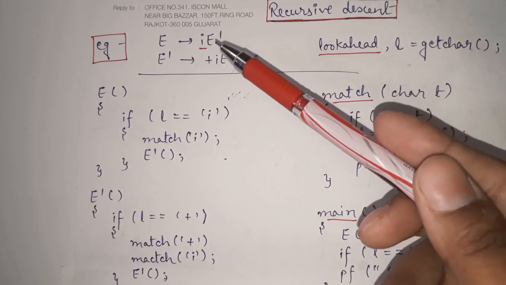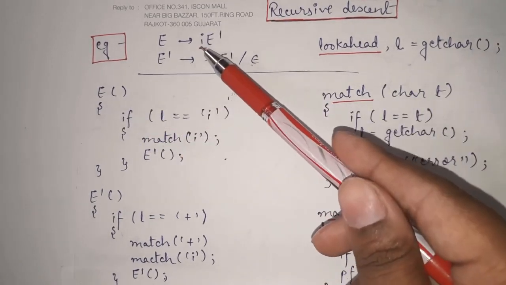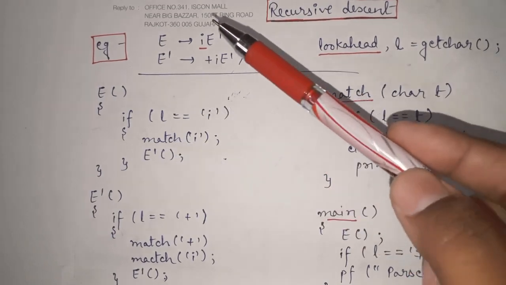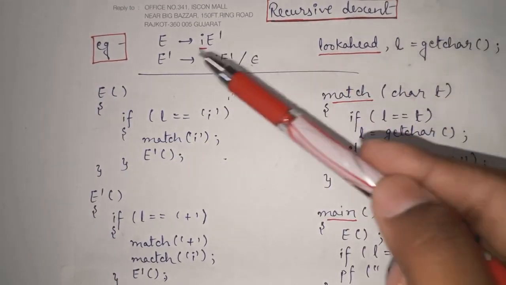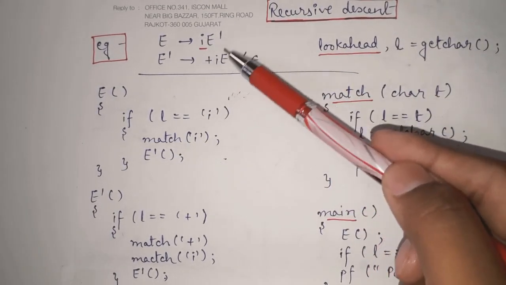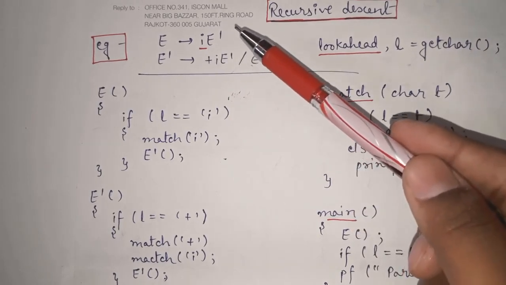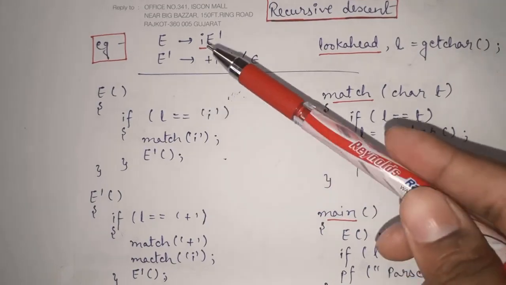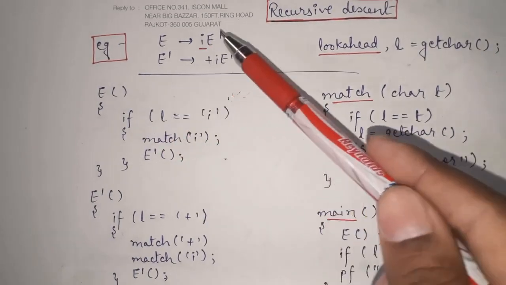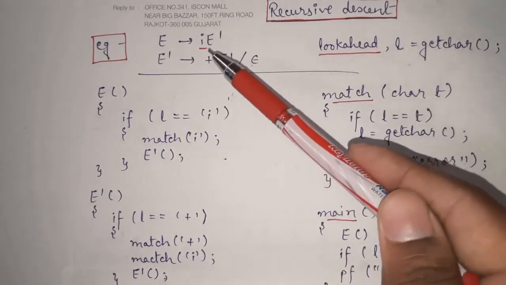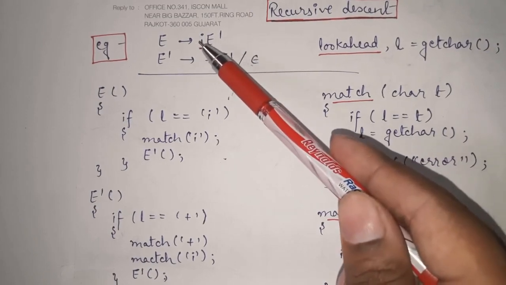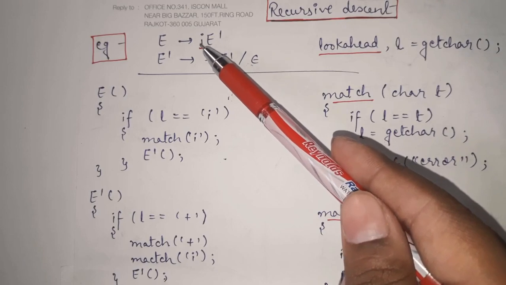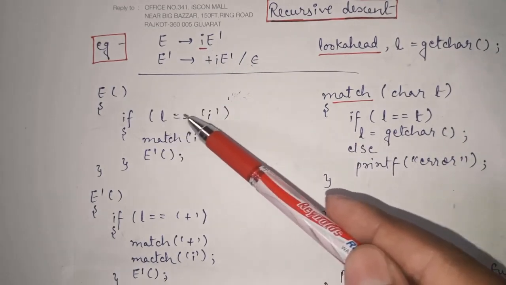So what will we check? We will check that this RHS satisfies the string or not. For that we take get character, meaning we take one by one character from the RHS and match it with our given string. We just have to remember two rules. In the RHS, if we have terminals, these small characters, we will compare them with our look ahead.